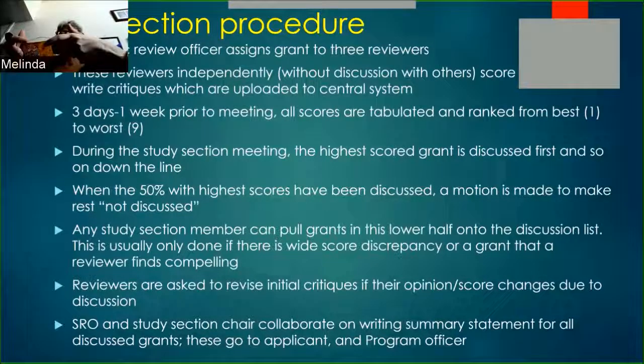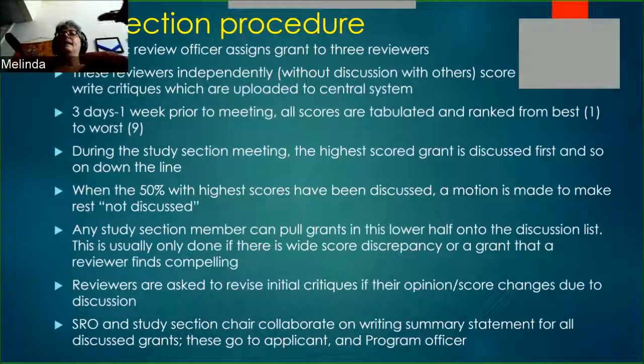The 3 reviewers all do these scores independently, and then they are averaged, and a preliminary grant score is assigned. These numbers are used to rank order the grants from the highest scored grant in the initial review group to the lowest initially scored grant in that review group.